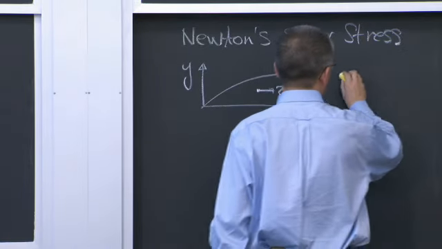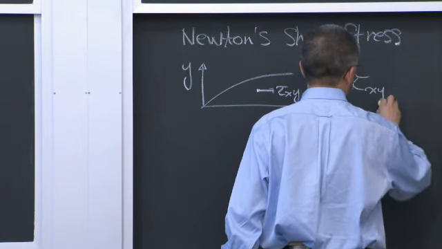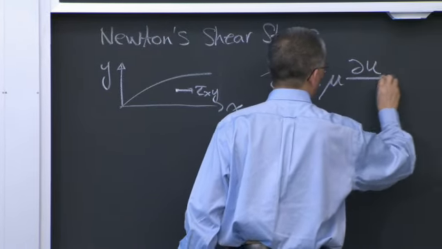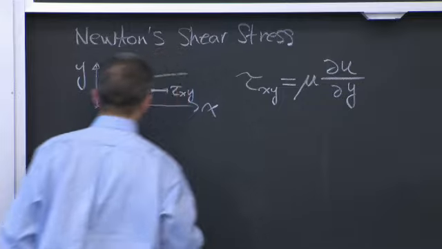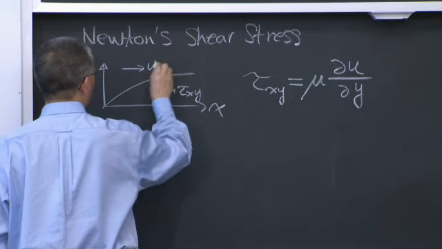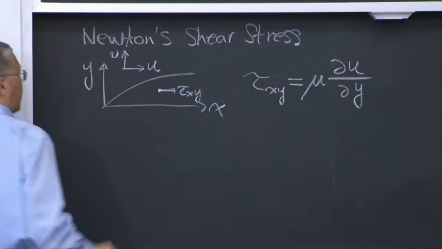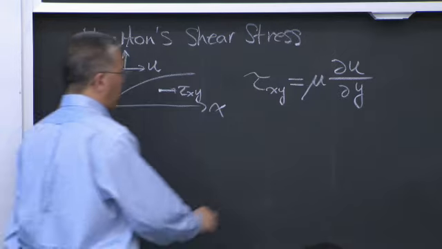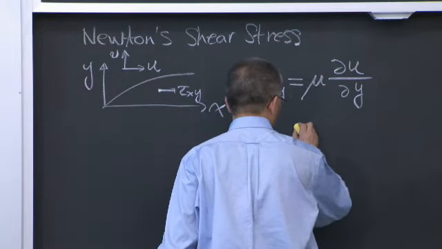And in the simplest form, tau xy equals mu du dy, where u is the velocity in x, and v is the velocity in y. So here we have dynamic viscosity.